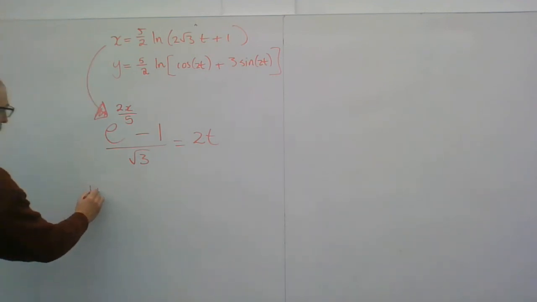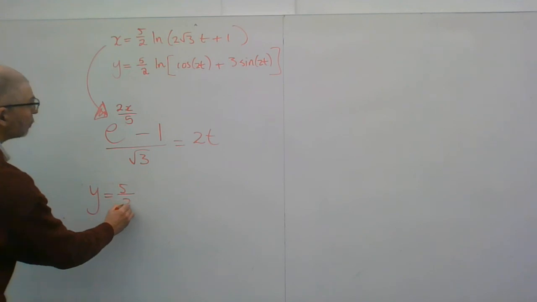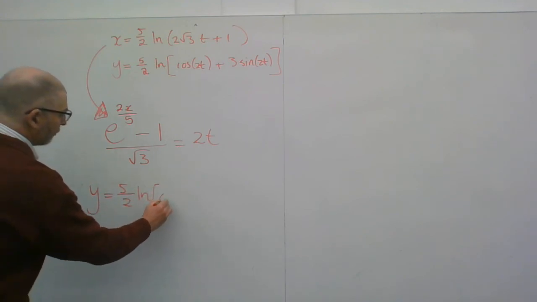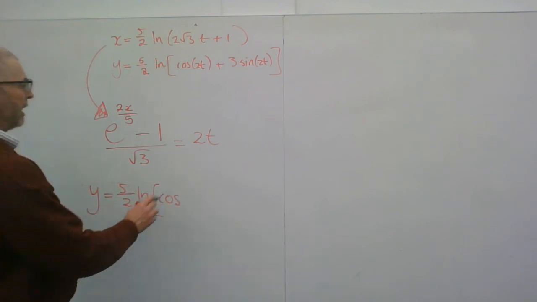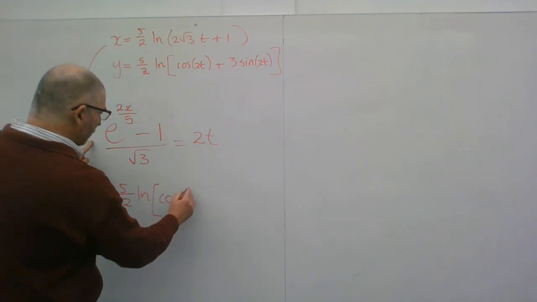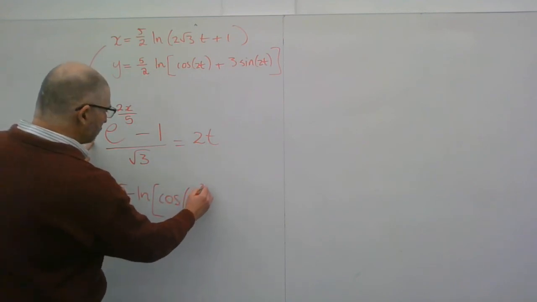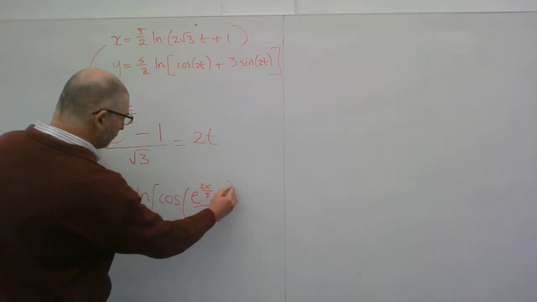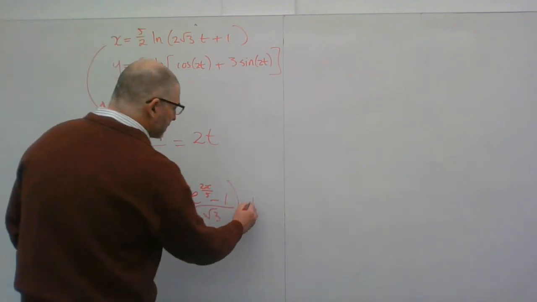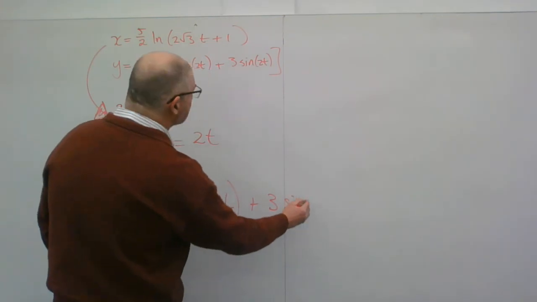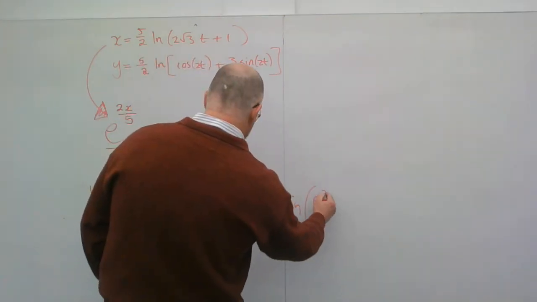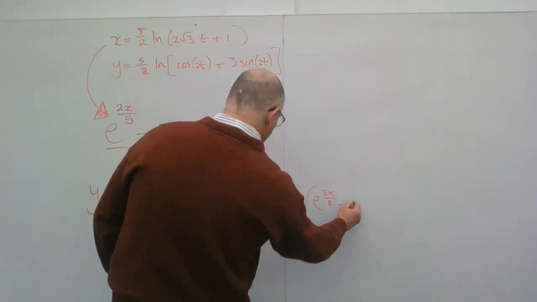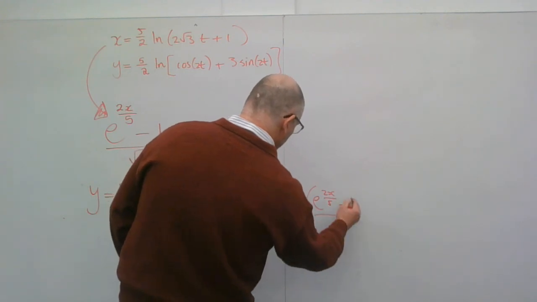So that means y equals 5 on 2 natural log of cos, and instead of 2t, I've got e to the 2x on 5 minus 1 on root 3, plus 3 sine of e to the 2x on 5 minus 1 on root 3.